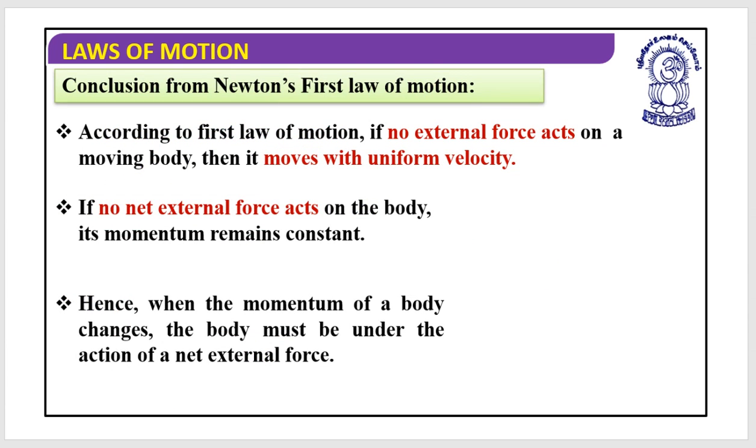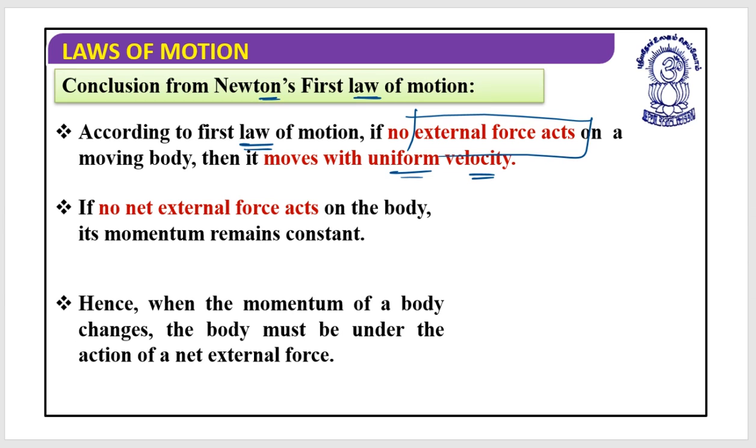Now let's conclude something from Newton's first law of motion that is related to momentum. According to the first law of motion, if no external force acts on a moving body, then it moves with uniform velocity. Now you know what external force is and what internal force is.